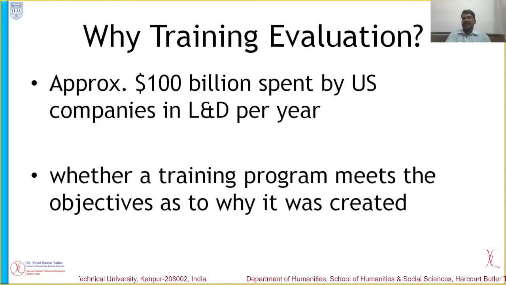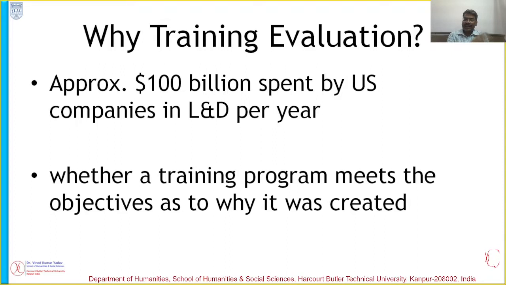If a company is investing some amount in the learning and development of its employees, then obviously it must reflect in the final outcome, organizational performance, along with individual performance.